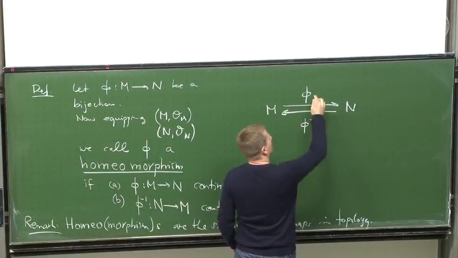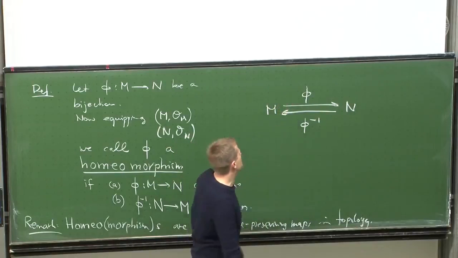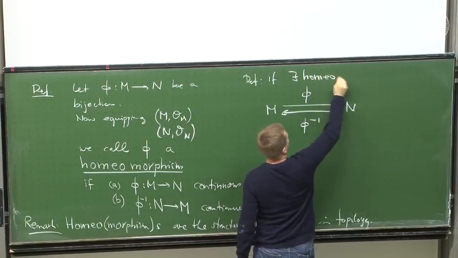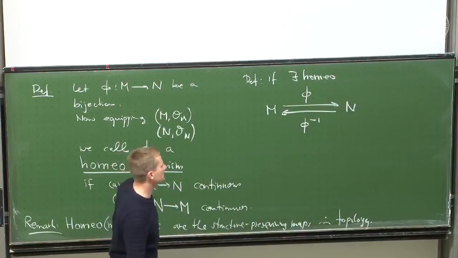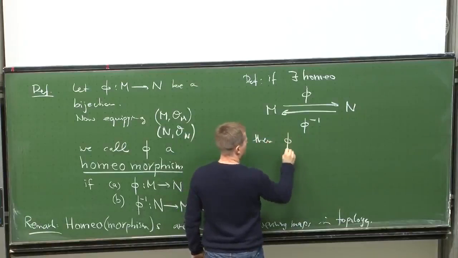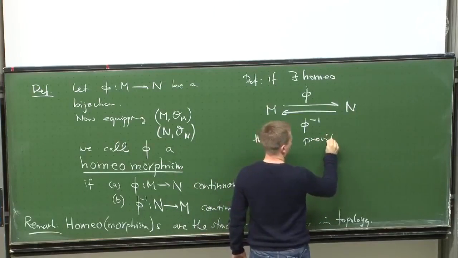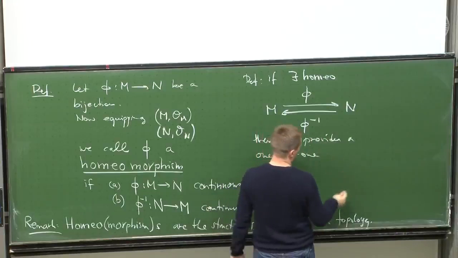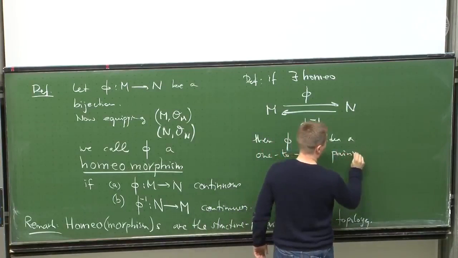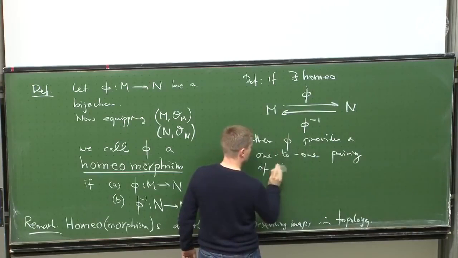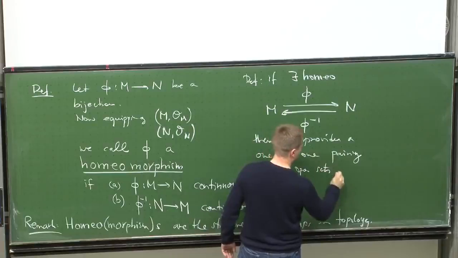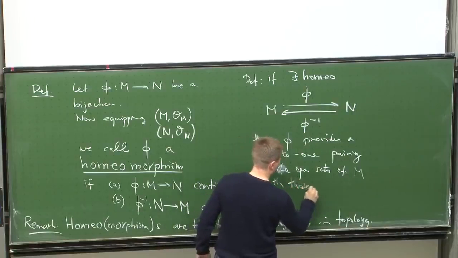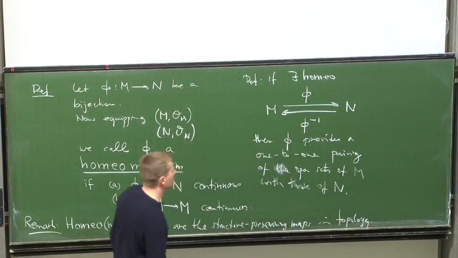That means by having a homeomorphism, if a homeomorphism exists, definition, if there exists a homeo phi, that's this picture, then phi provides a one-to-one pairing of the open sets of M with those of N according to the chosen topology.